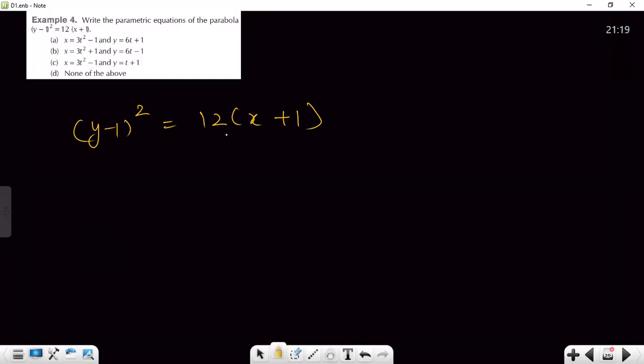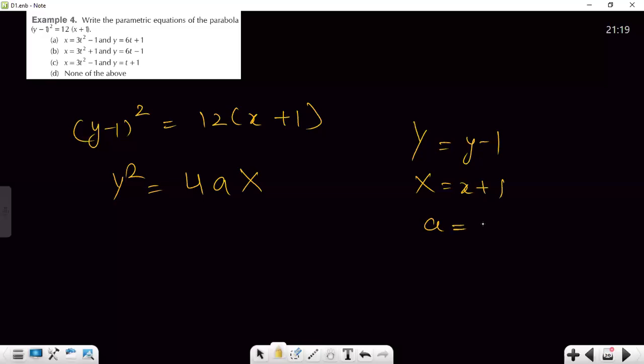So this is the parabola of the form y minus k whole square is equals to 4a into x minus h. So from here, what we can consider is that this is the form of Y square is equals to 4aX, where capital Y is y minus 1 and capital X is x plus 1 and a is 3.